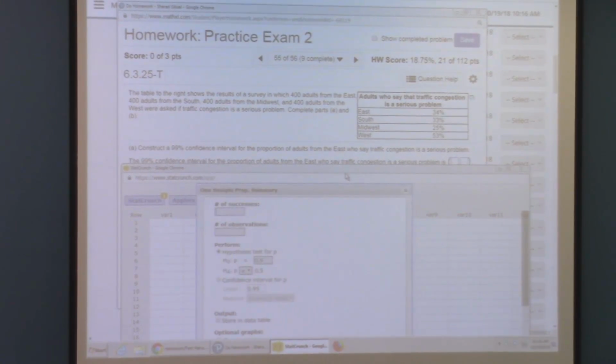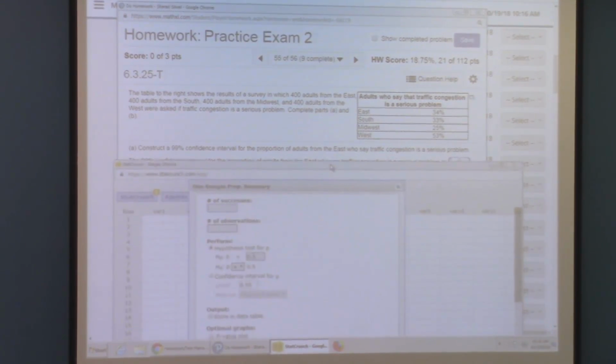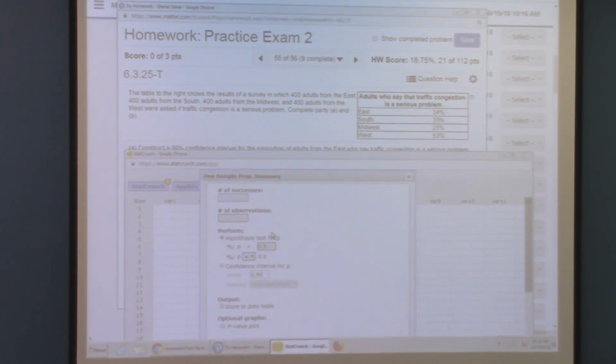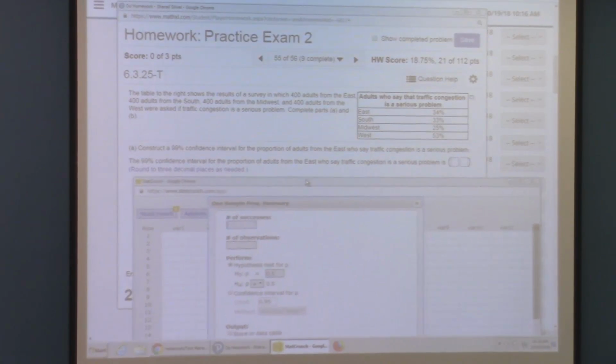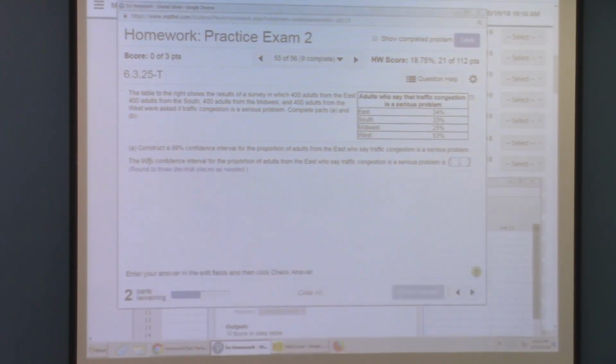And once you have that, you enter the necessary parameters and hit perform, and you get your confidence interval just like that. You don't have to do all these behind-the-scenes computations. Let StatCrunch handle that. So number of successes. Let's understand what we are dealing with here. We are looking for a 99% confidence interval for the proportion of adults from the East.